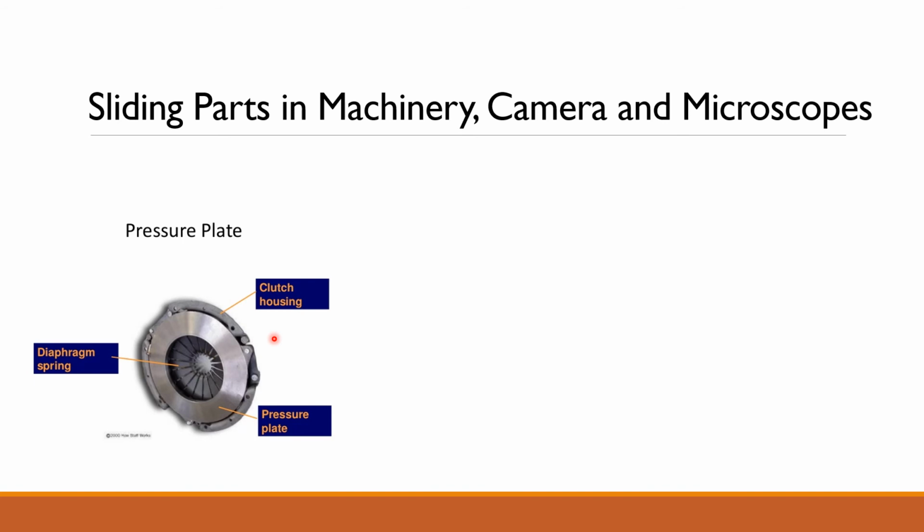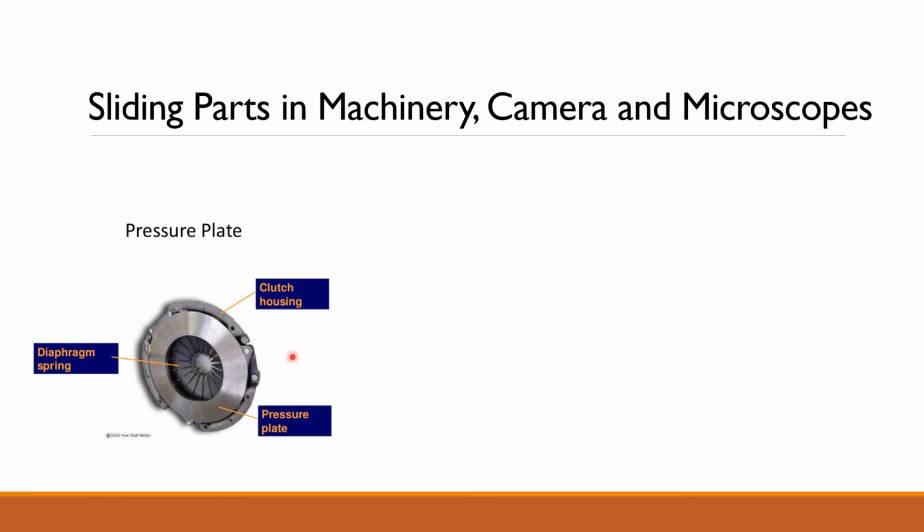So it is used to exert pressure against the clutch plate, and this holds the plate against the flywheel. When this happens, the power starts flowing from the engine to the transmission.